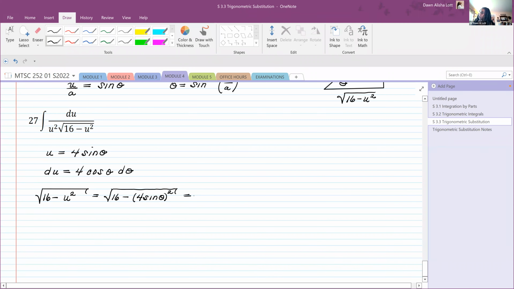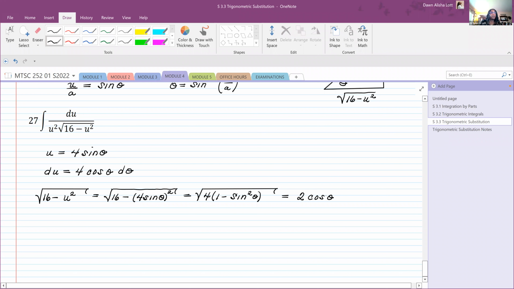So that is the square root of 4 times 1 minus the sine squared of theta, which is 2. And 1 minus sine squared is cosine squared. Under the square root, that just makes cosine.